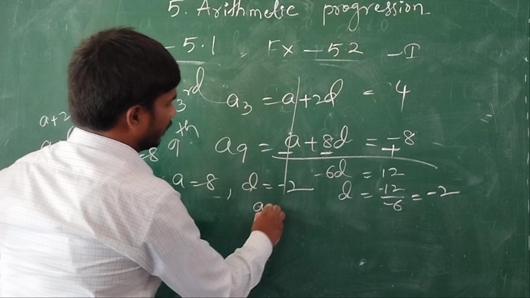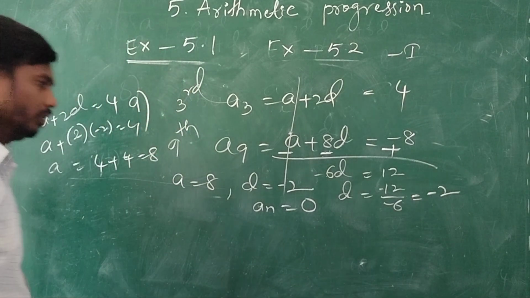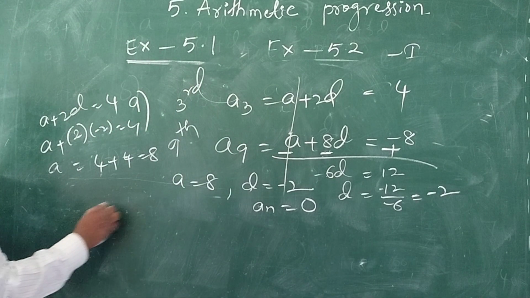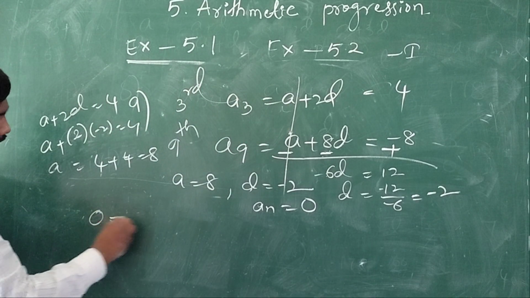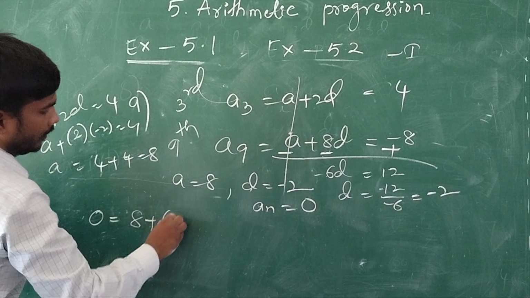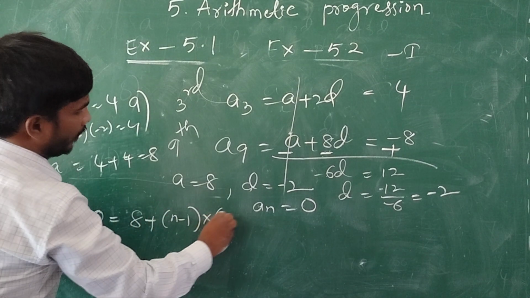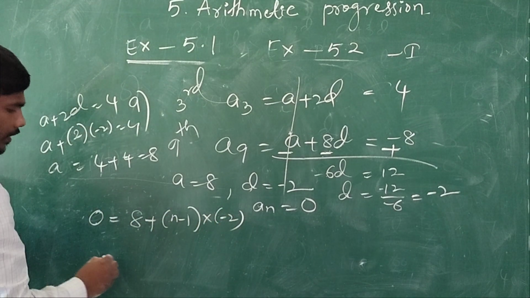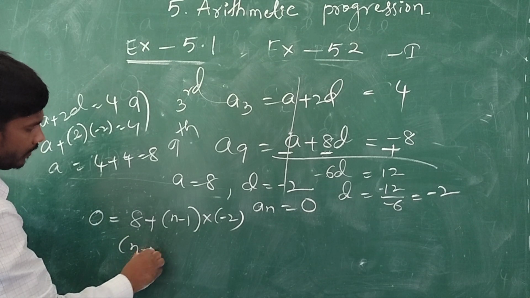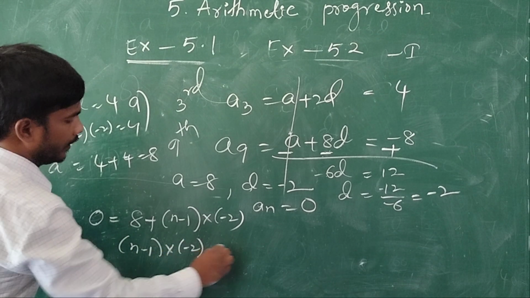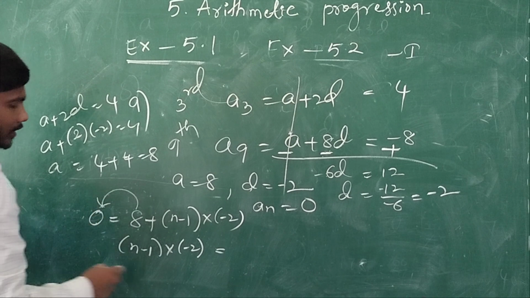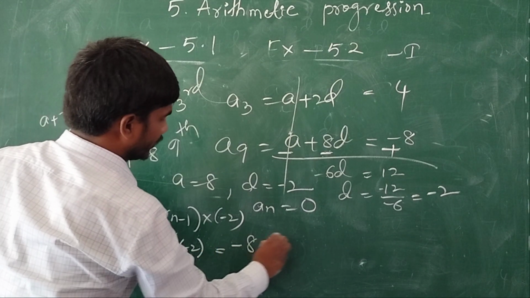And AN is 0. We need to find the N value. 0 is equal to 8 plus N minus 1 into D value, minus 2. Next, N minus 1 into minus 2 is equal to 0 minus 8, that is minus 8.